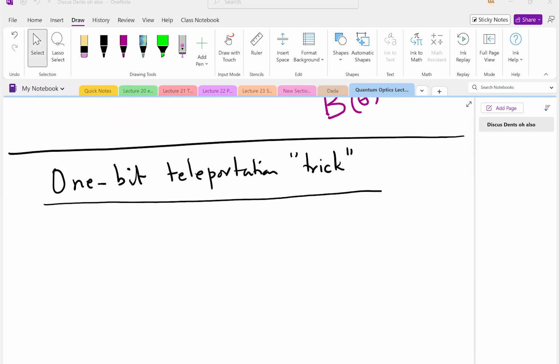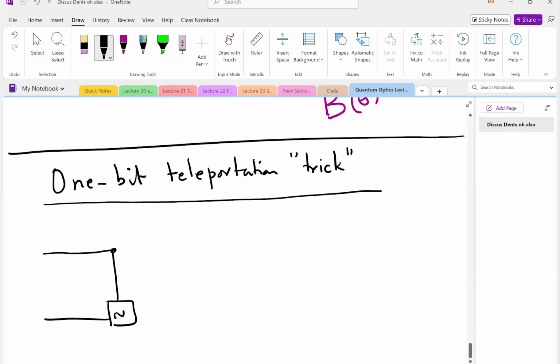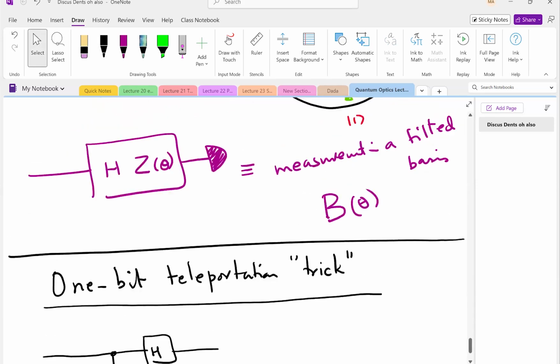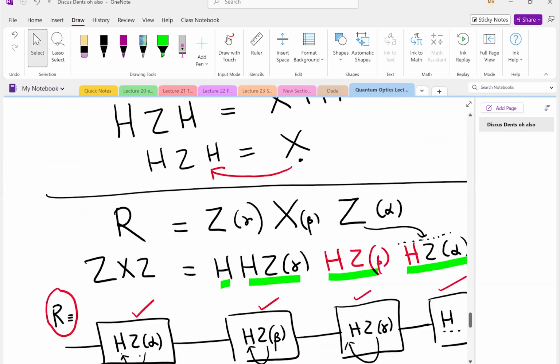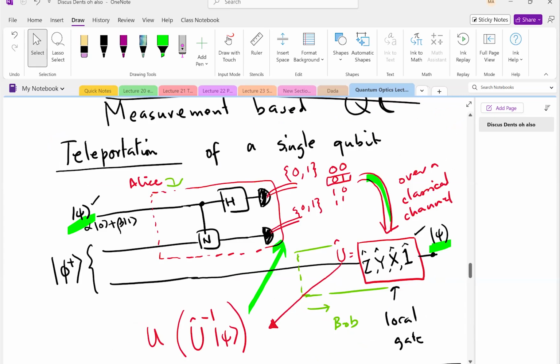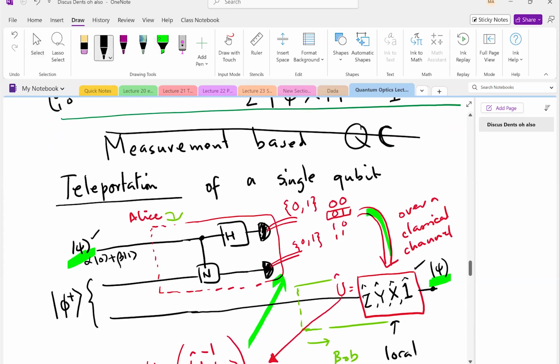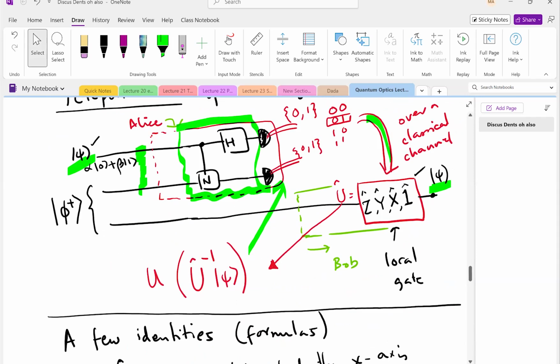So suppose I have this circuit: control not, Hadamard. Now this is the same circuit that we've drawn for teleportation on the first 2 qubits. So this is the same circuit that we have over here. Okay, so I draw the same circuit here.